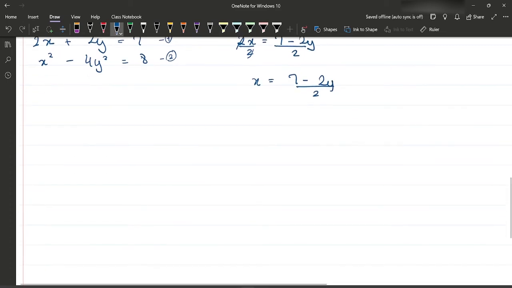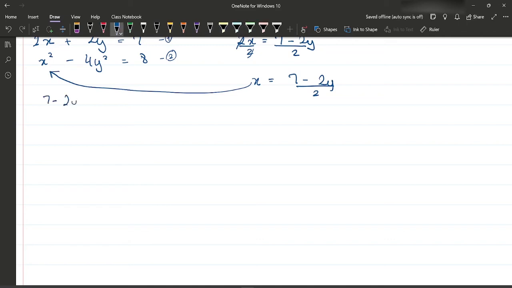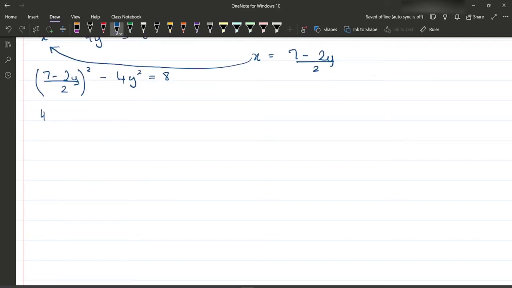Now we can just put x all the way here. This makes it easier for us. So 7 minus 2y all over 2, brackets everything, minus 4y squared equals 8. Okay, 49 minus, I'm going to quickly do this.